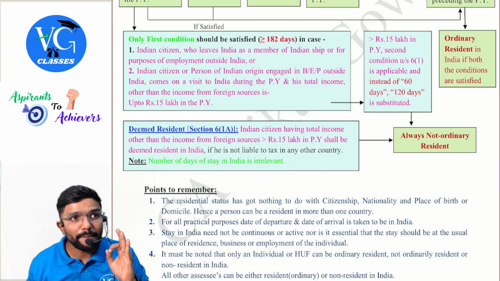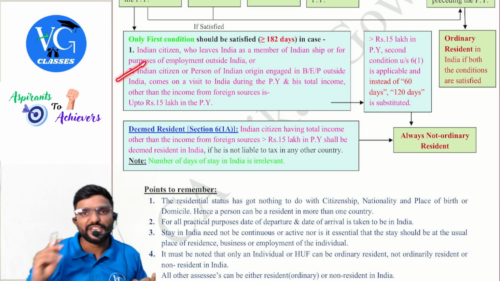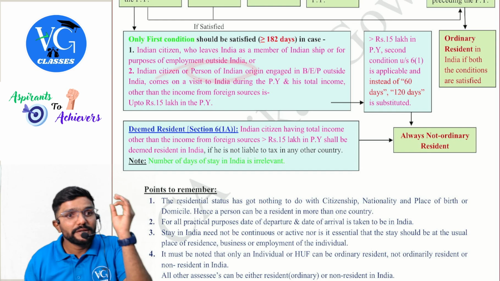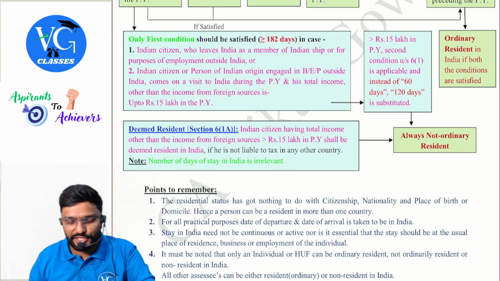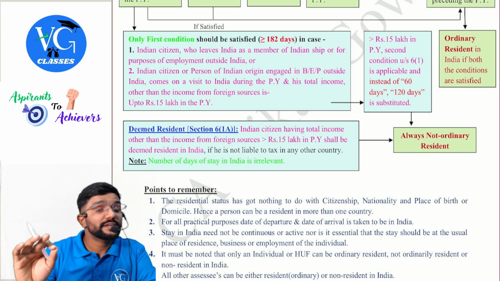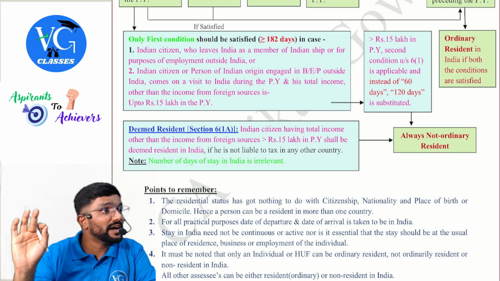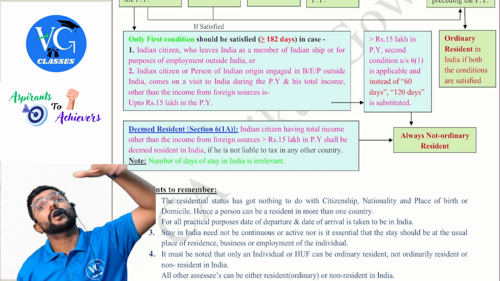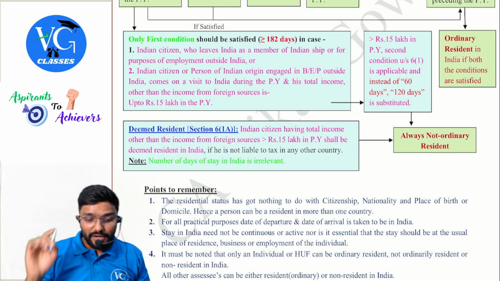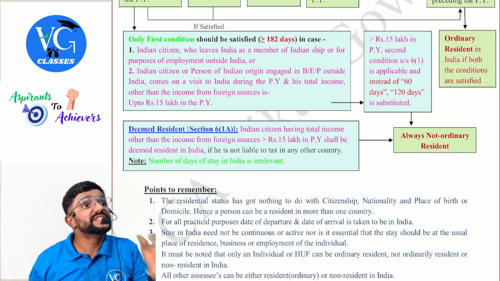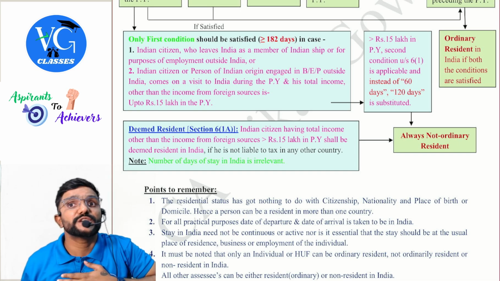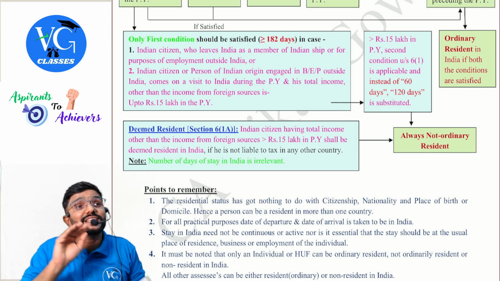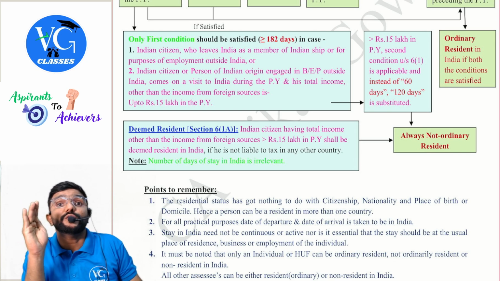Okay, so coming to the second special case. Indian citizen, plus one more special person is added here: person of Indian origin. Engaged in business, employment or profession outside India, and now coming to India on a visit during our previous year 24-25, and his total income other than the income from foreign sources is up to 15 lakh.